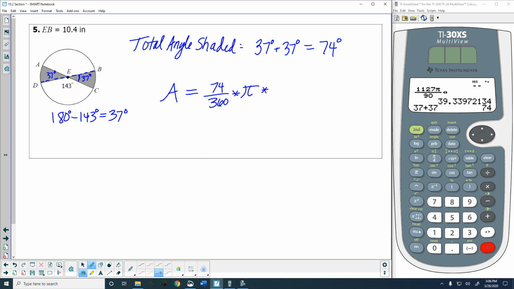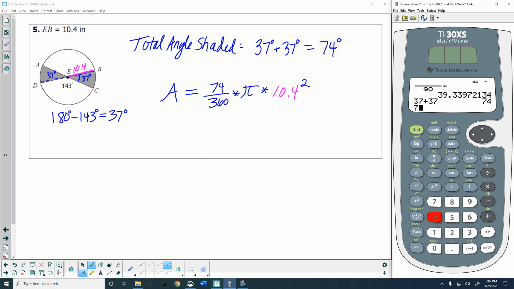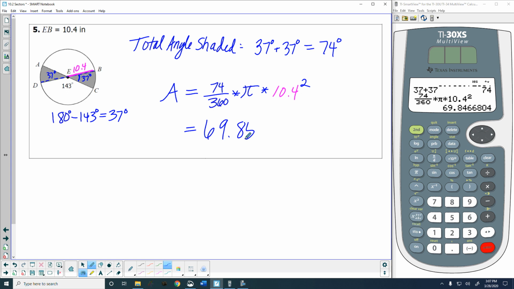We know that EB is 10.4, and that is the radius of the circle. And we need to square that. So let's enter that into the calculator. Times pi times 10.4 squared. We get 69.85. And our units are inches squared this time.